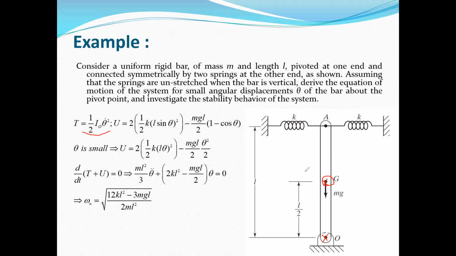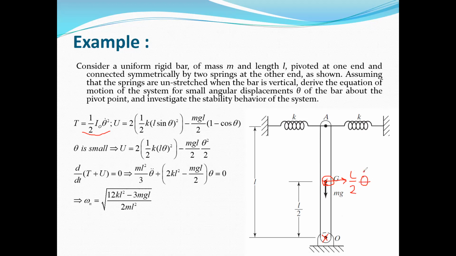And in addition to this term, we have the linear velocity, because this point G is moving. If we assume that this rigid body has angular velocity theta dot about O, the velocity of point G is L over 2 times theta dot.